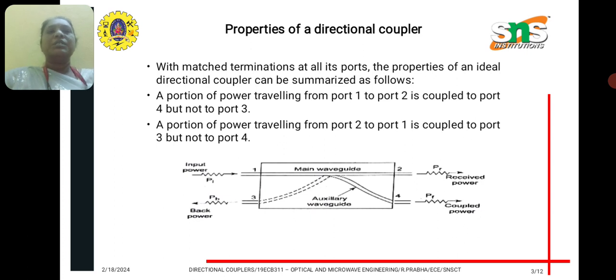So always power transfer from 1 to 2 is coupled to only port 4. And also in the reverse direction, the power traveling from port 2 to 1 is coupled only to port 3 and not to port 4.